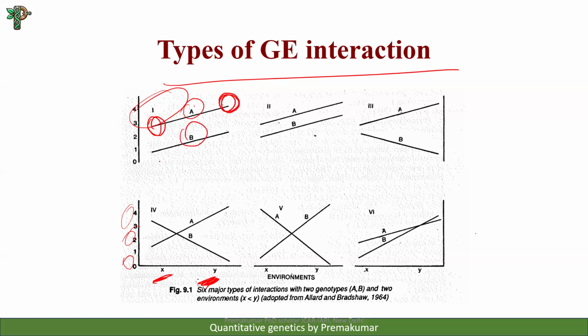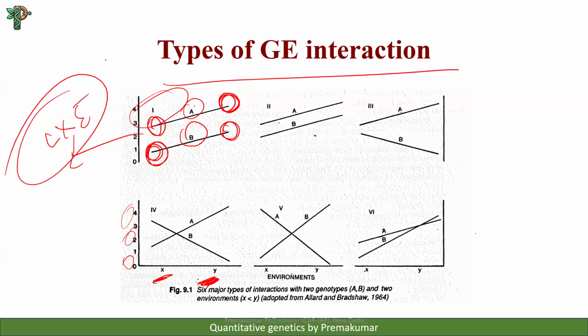Same like inbred B, the variety B: it has high performance in X environment and low performance in Y. This means a linear G into E interaction. The variance is the same, and the rank of the genotypes is not changing here. This is also called linear G into E interaction.